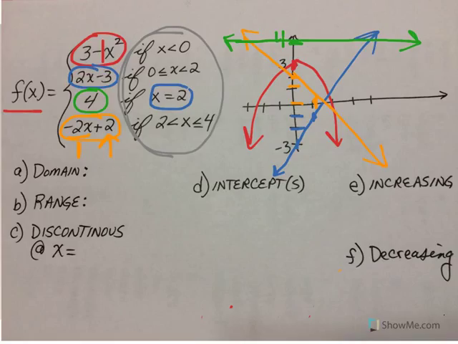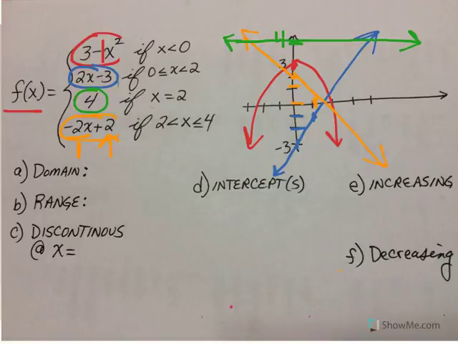Now, this graph that you see here is not a function. It horribly fails the vertical line test. So what I'm going to do is take each piece. Notice that the red piece is only defined for numbers that are less than 0. So first of all, I'm going to erase all this here.